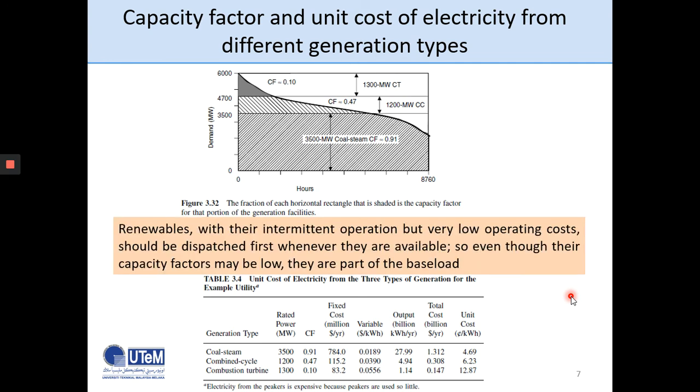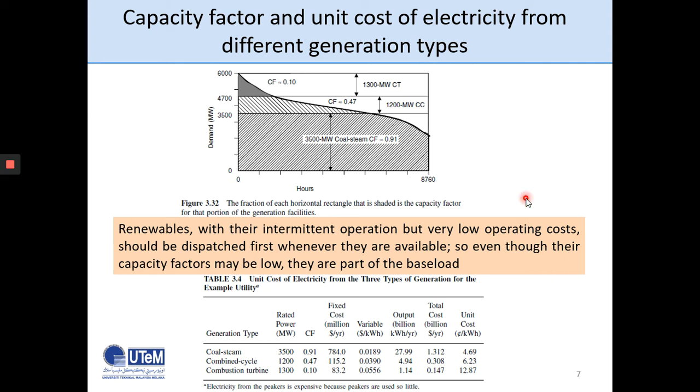So renewables are not in this figure, but renewables have very low operating cost because they do not have any fuel. I mean, the fuel is free. But they also have the weakness of intermittent operation. Like solar, it can only operate when there is good weather, and we cannot guarantee tomorrow or today is going to be good weather.